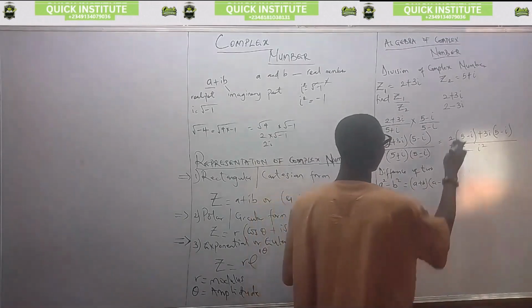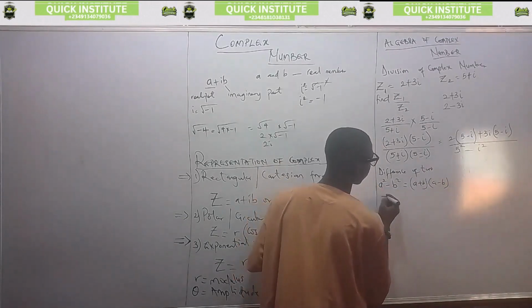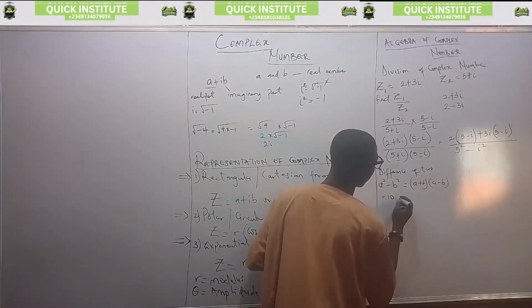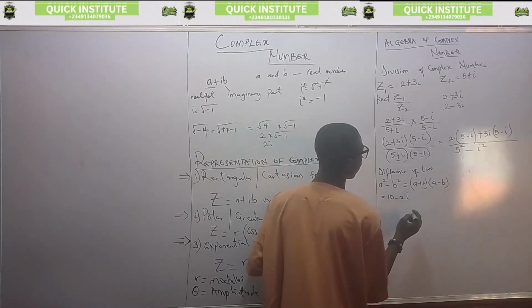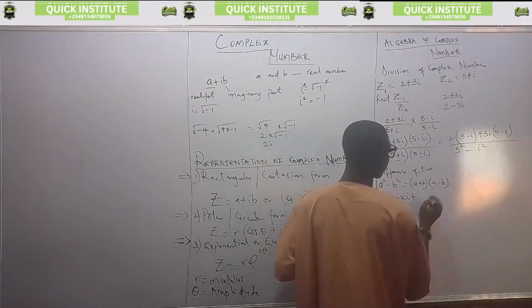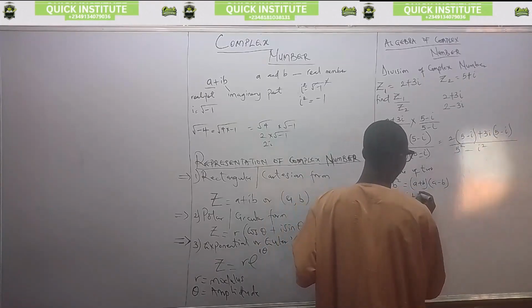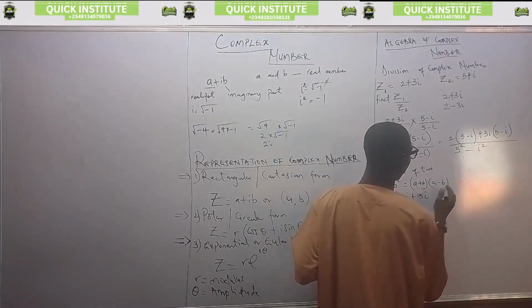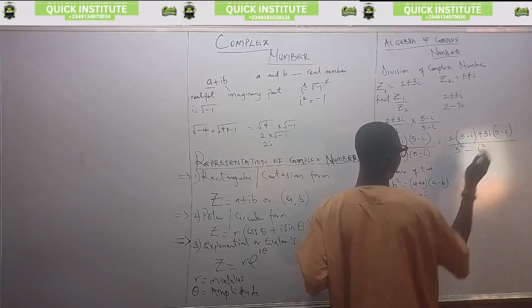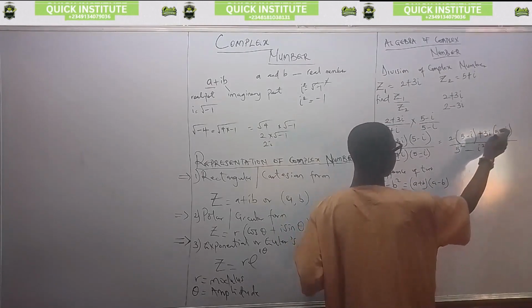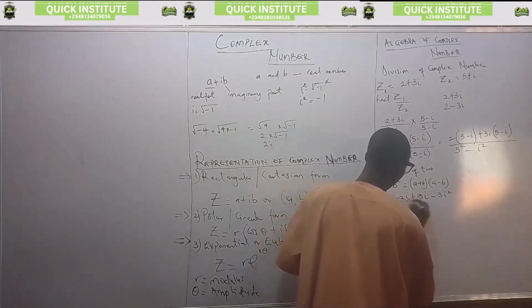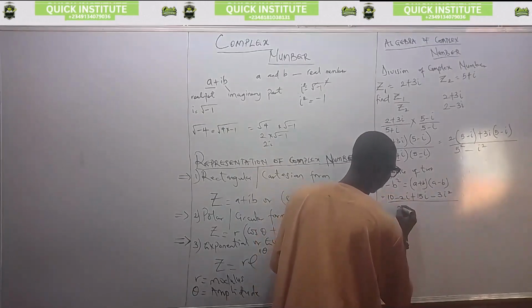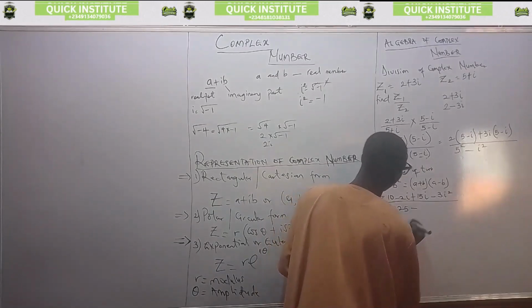So from here, 2 times 5 is 10, minus 2 times i is 2i, plus 3i times 5 is 15i, plus times minus is minus 3 times i is 3i squared, over 5 squared, which is 25, and i squared.